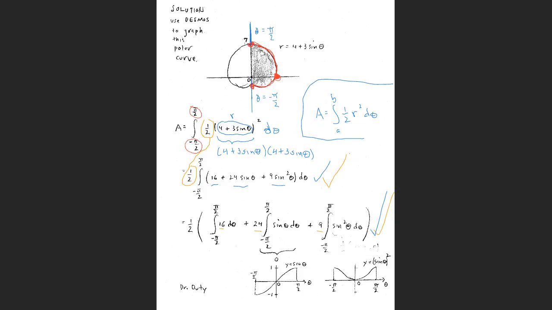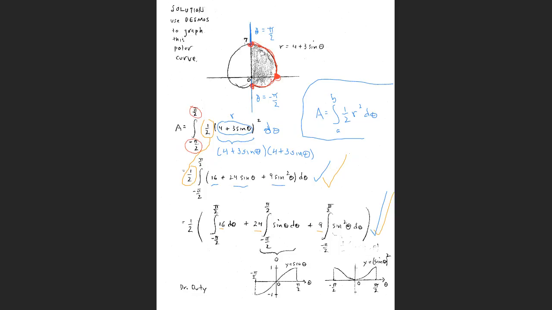Okay. Well, now we have to decide how to compute these integrals. Sometimes you can exploit the geometry of your function and the limits to help you. Like for instance, this second integral here.